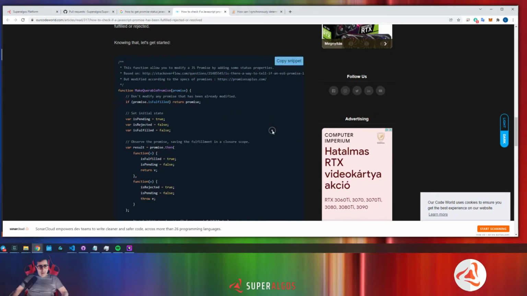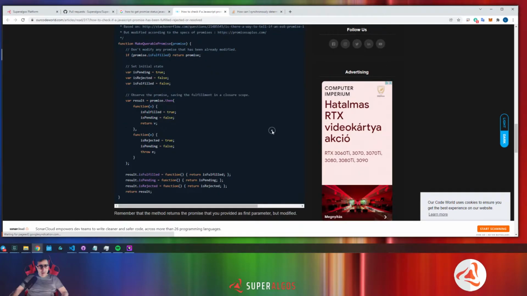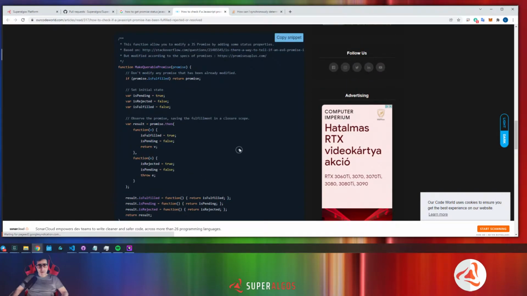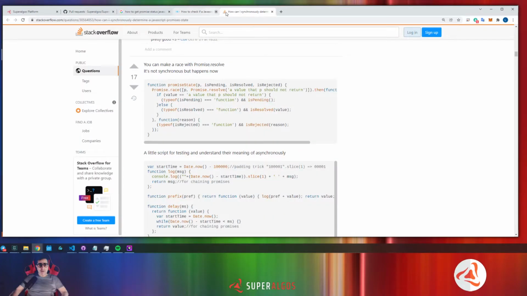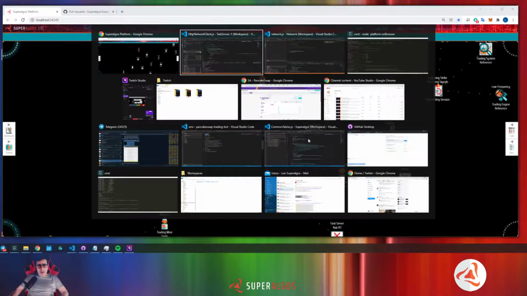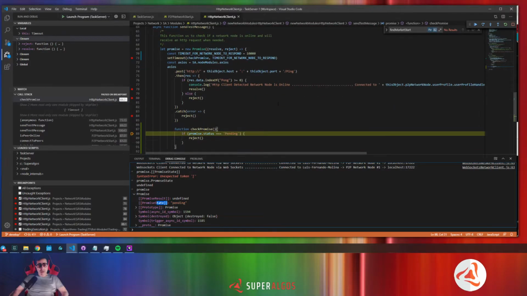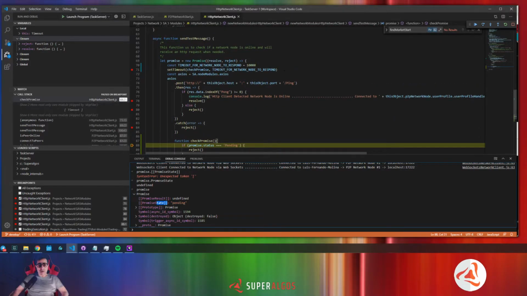It looks like it's too much of a problem. I can just create a variable and that's it. I was hoping not to do it, but it looks like that is what people are doing. So let's forget about this and let's go back and fix it. We are just going to create a variable here.